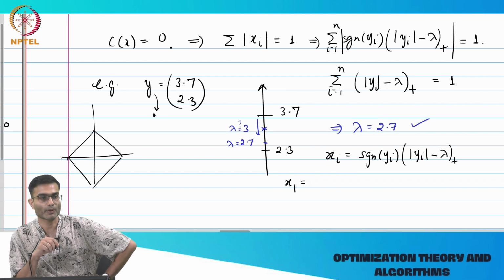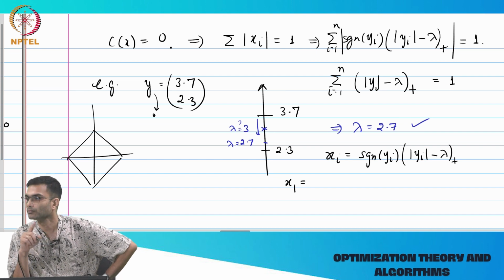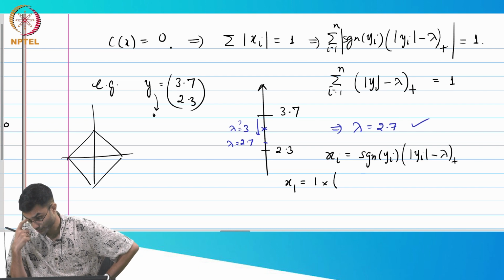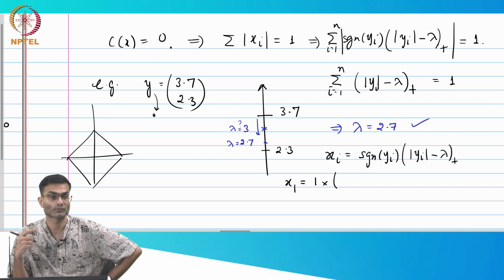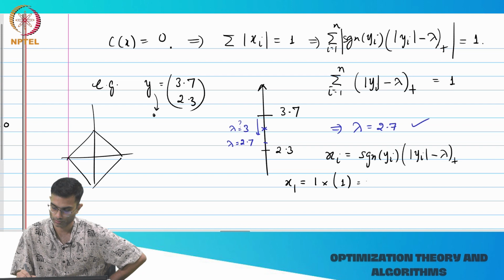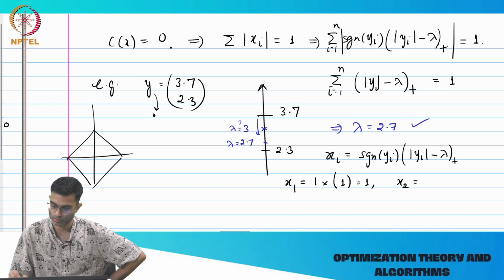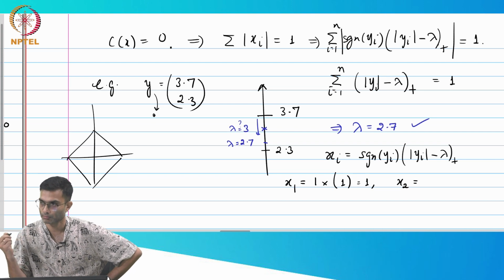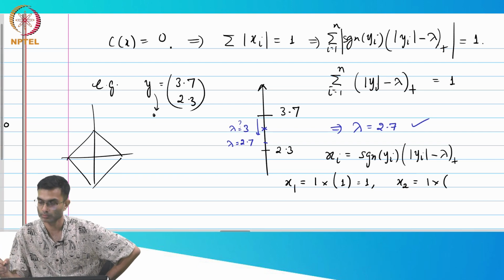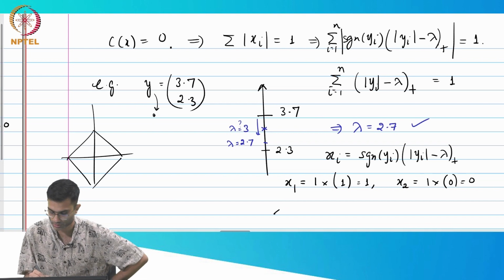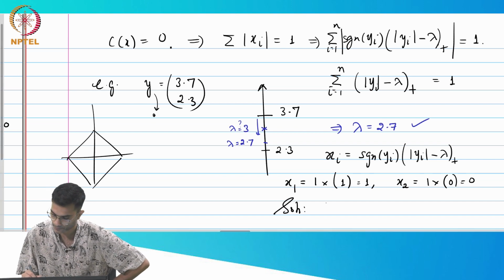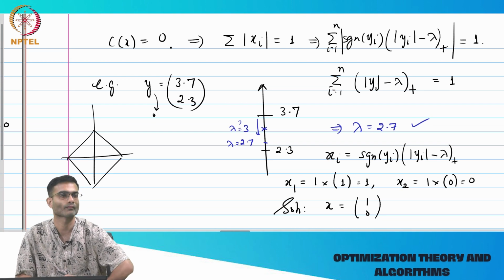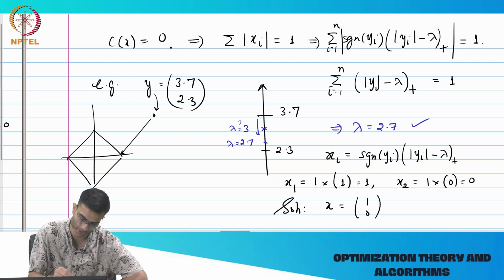Signum of 3.7, 1 into mod 3.7 minus 2.7, 1. x2, signum of 2.3, 1 into 0. So, the solution is x equal to (1, 0), right. So, actually this projects to this point over here.